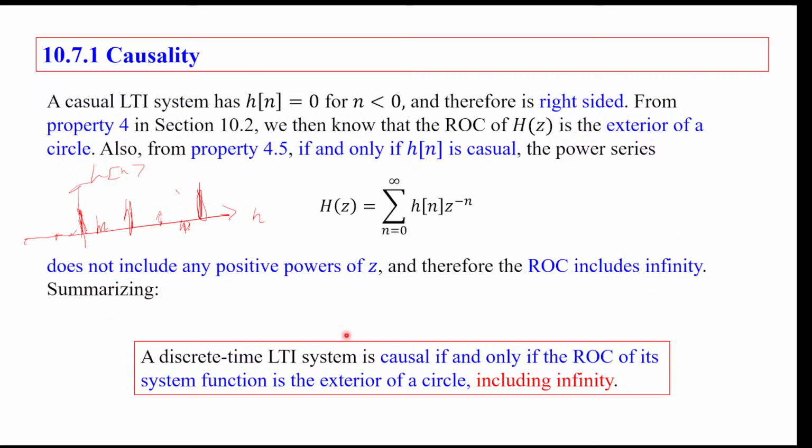So basically with these two conditions together, you can determine your system is causal. That is, your ROC needs to include infinity, and this also implies your ROC is outside the outermost pole. The rule here is that the system is causal if the ROC is the outside ROC and also includes infinity.